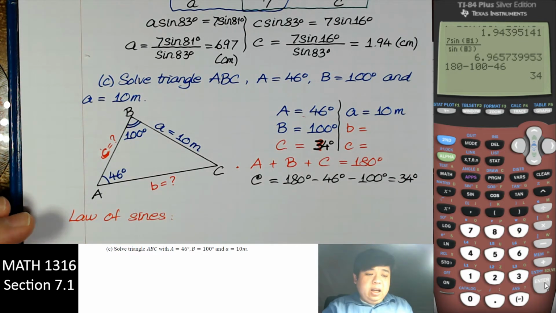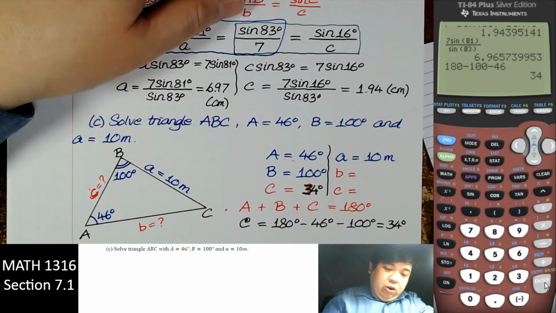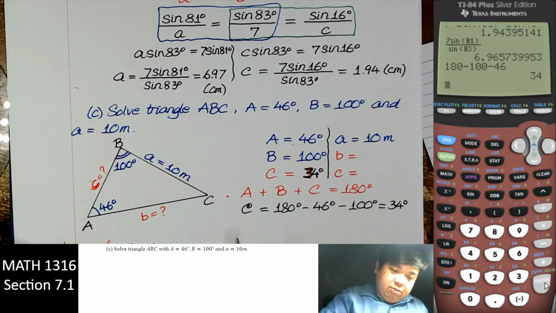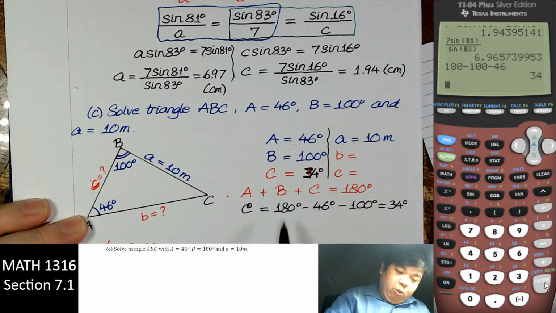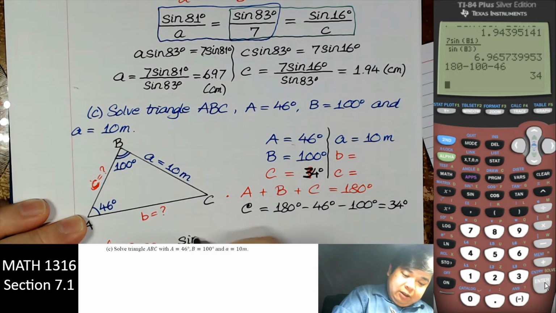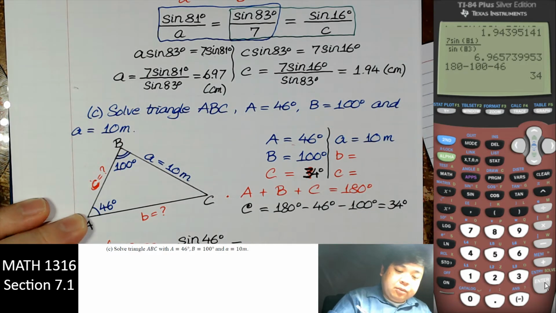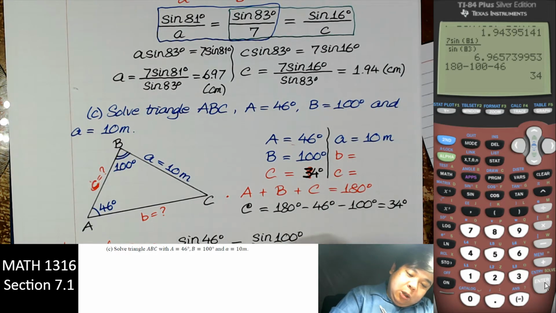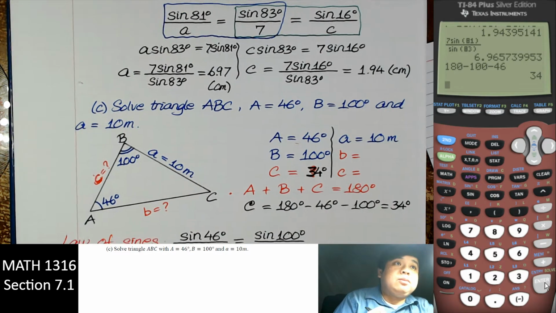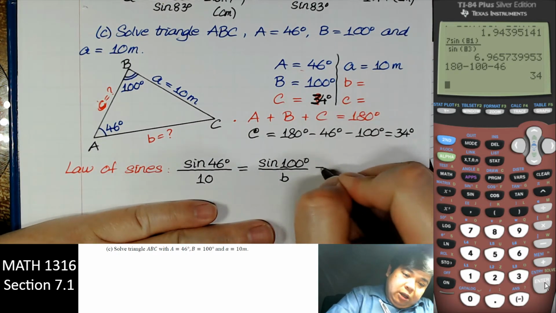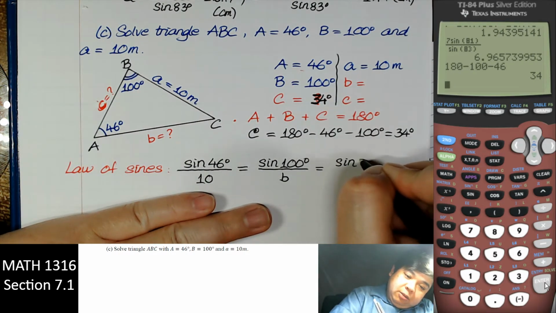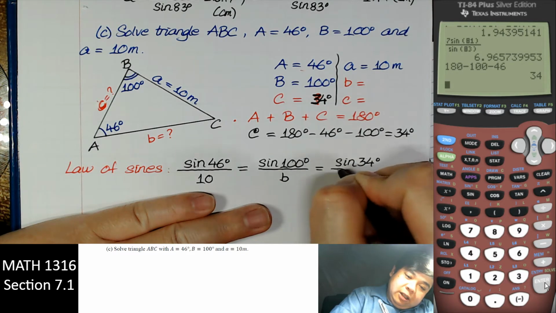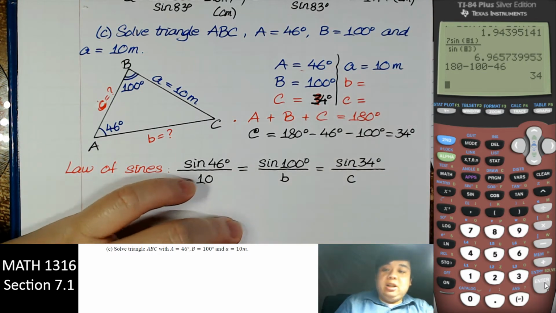Right. Of course, we don't even need to write the law, the rule. Just write for this number. Side of angle A, 46 degrees, opposite to that, we have 10 meters, little a. And then go to B, sine of 100 degrees over little b, which we don't know. And then sine of 34 degrees over little c, which we don't know either.